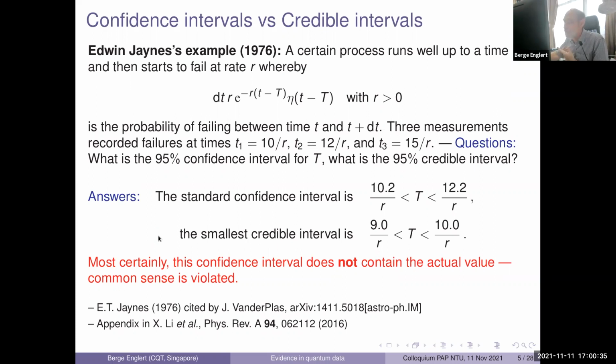Now I also have to say that when it comes to practical matters, it's usually much easier and less involved. The CPU time that you use to evaluate the data, if you calculate p-values or confidence intervals, is much less than when you calculate these credible intervals.